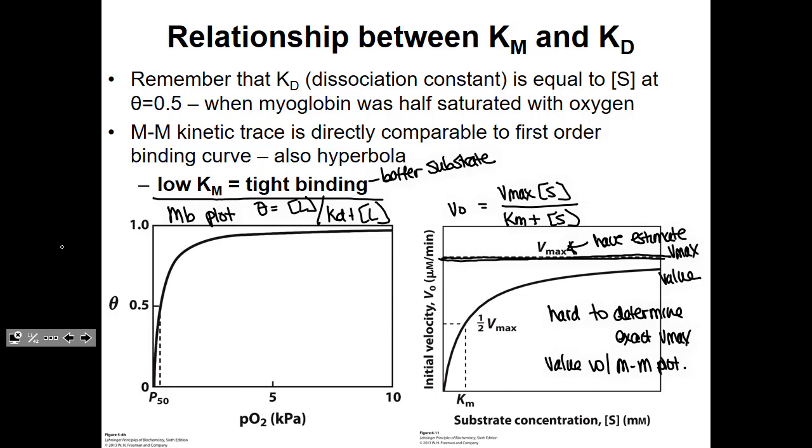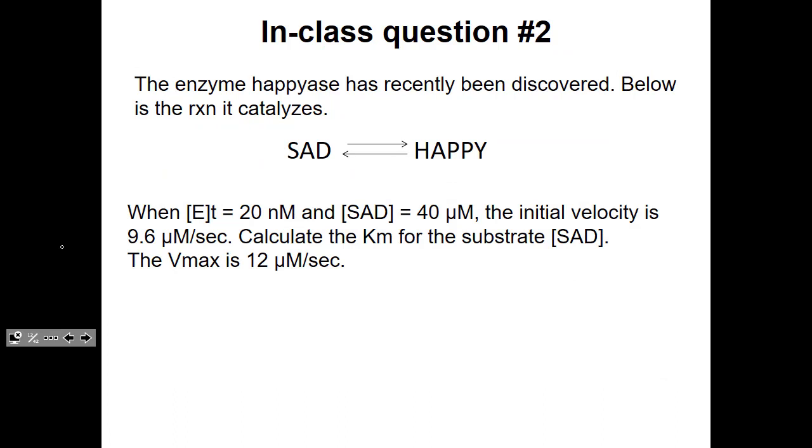All right, so I think we'll do one example and then we'll stop here and pick up on Friday. This is an example from your textbook. The enzyme happyase has recently been discovered. Below is the reaction it catalyzes. It's catalyzing sad to happy, so snow day versus the time you get to spend with me.